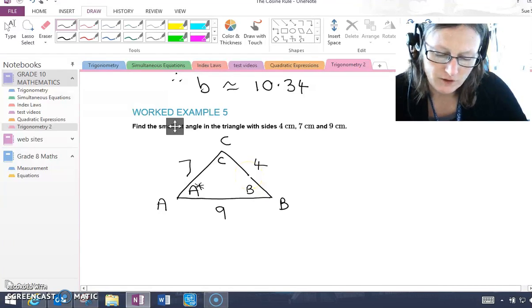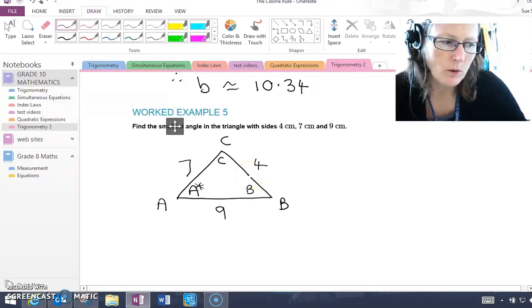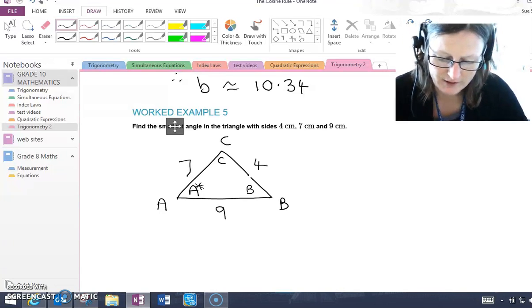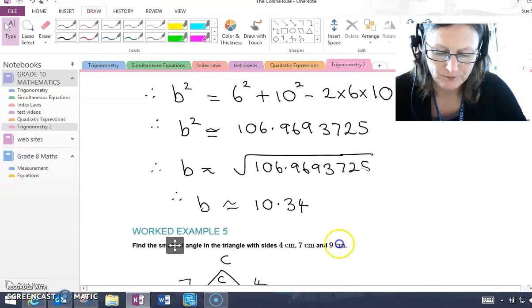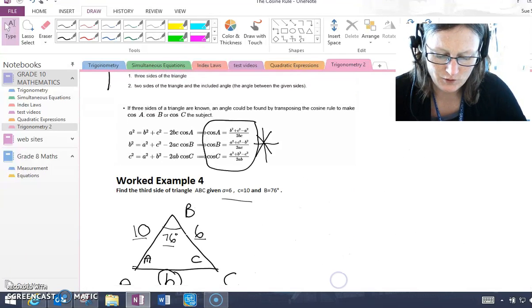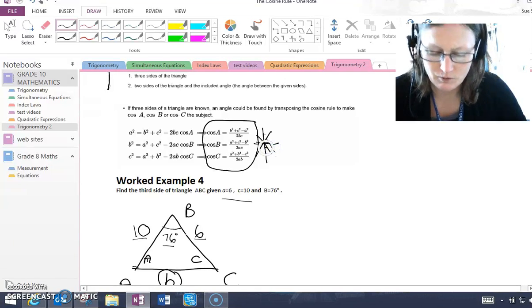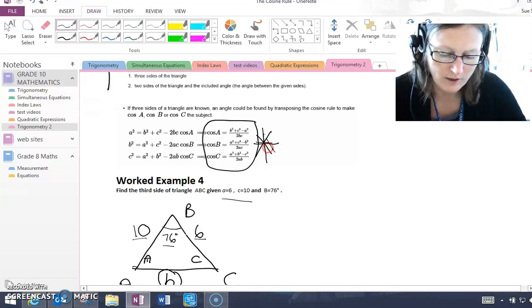We do use the cosine rule because this is an example where we have three sides. So we have 3 sides and are trying to find an angle. So going back up to the top, we use this form of the cosine rule because we are trying to find an angle. And in this case, we are trying to find angle A, so we will use this rule here.